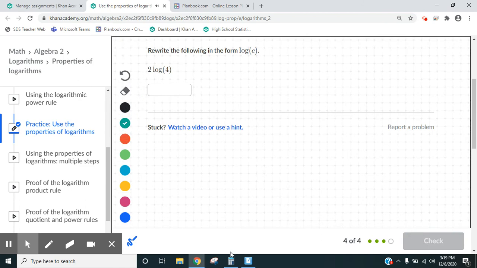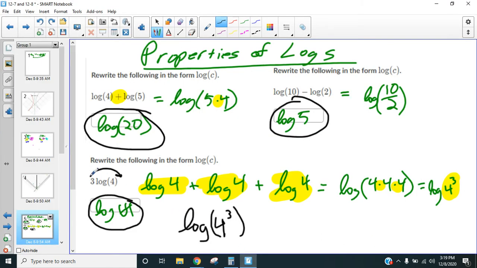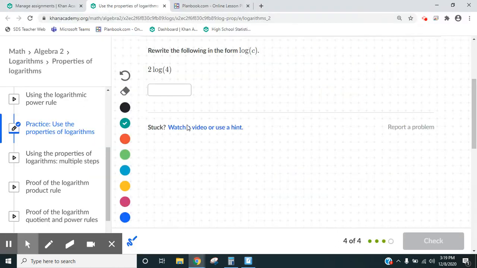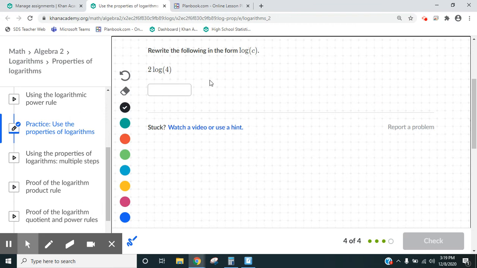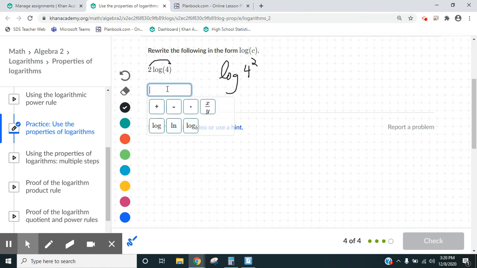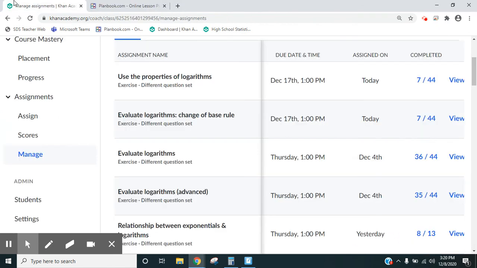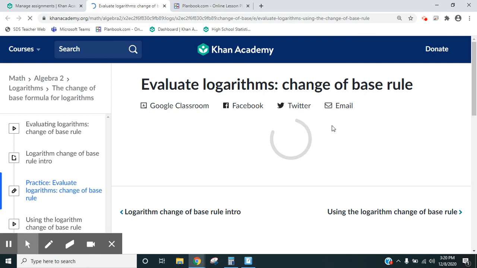Remember what I said we can do with the exponent down here? Bring the 3 up there. So this becomes log of 4 squared, which is log 16. Bingo.